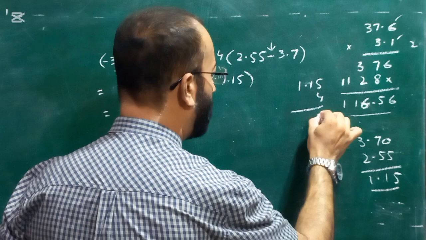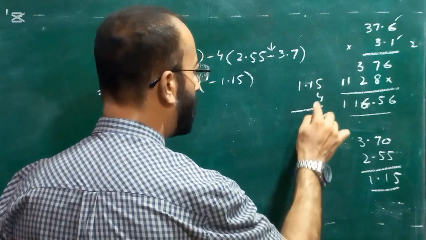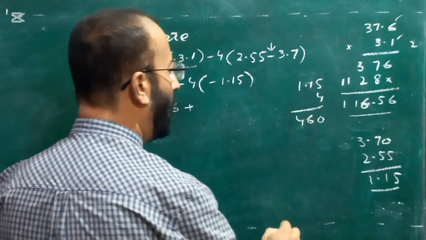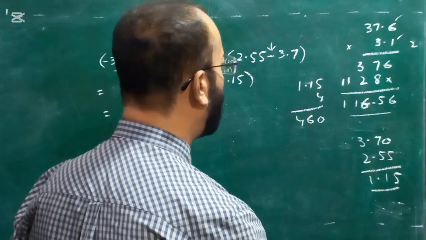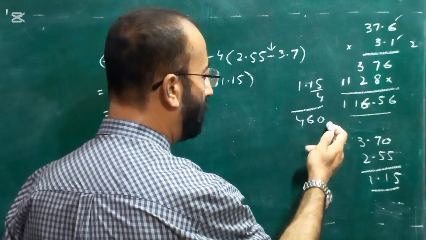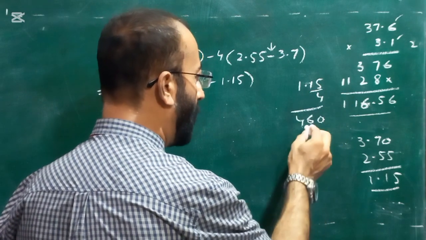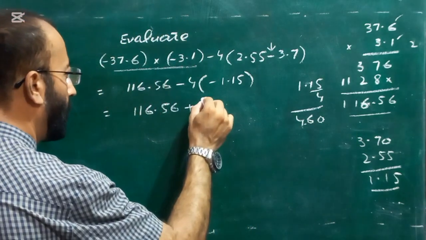So 4 5s are 20, 2 will be carried, 4 1s are 4 and 2 is 6, and 4 1s are 4. At this stage, note how many digits are to the right side of the point. Here are 2 digits. So we start from the right side and put a point after 2 places. So 4.60 is the answer.